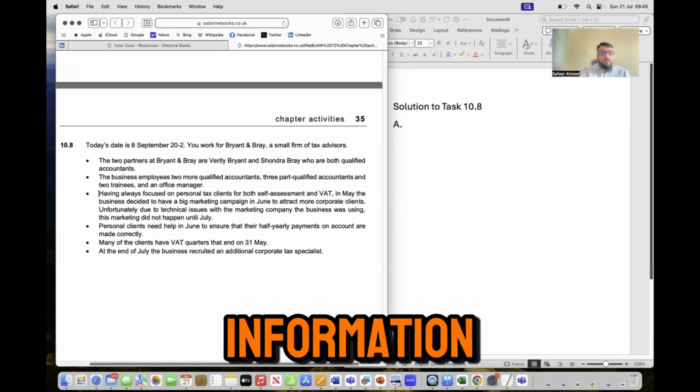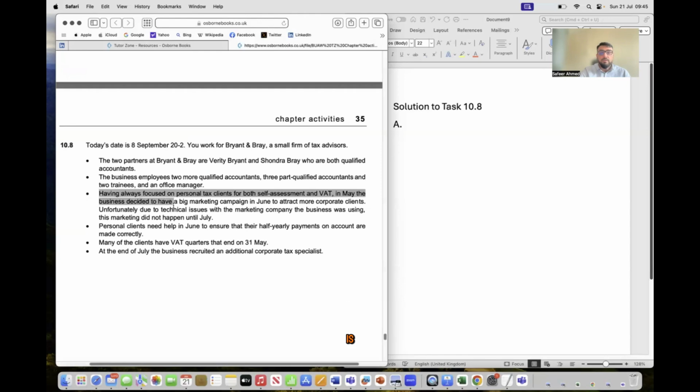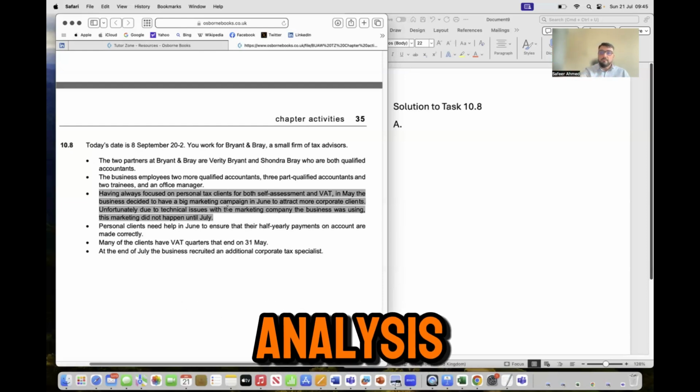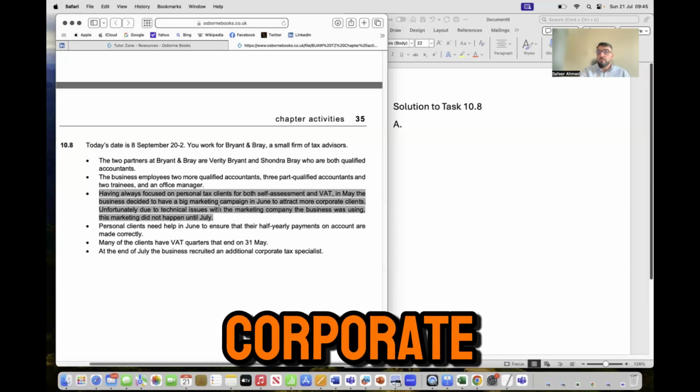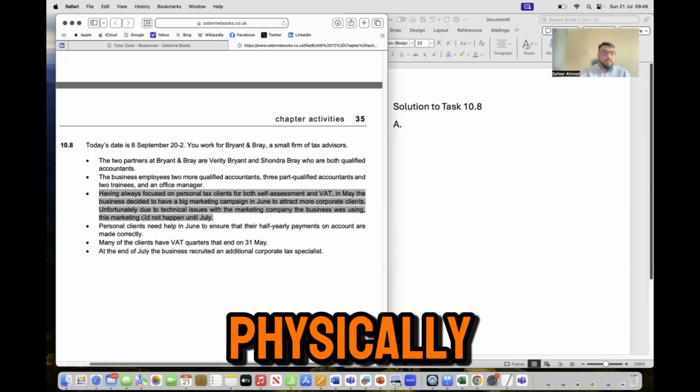This information, the third bullet point here, is quite important because you will be able to see any trend due to this information as part of your analysis and discussion. Having always focused on the personal tax clients for both self-assessment and VAT, in May the business decided to have a big marketing campaign in June to attract more corporate clients, company clients basically.